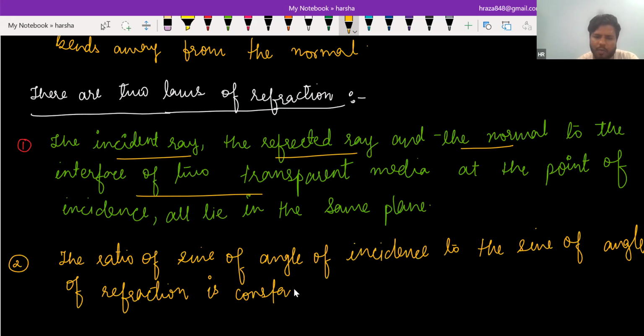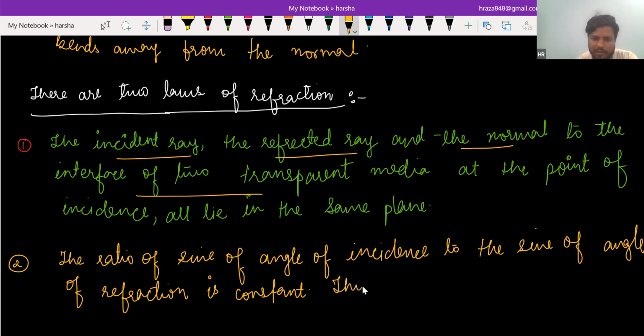So basically what this means is, for the angle of incidence we take sine, and for the angle of refraction we take sine, and if we take the ratio sine i upon sine r, that will be constant.